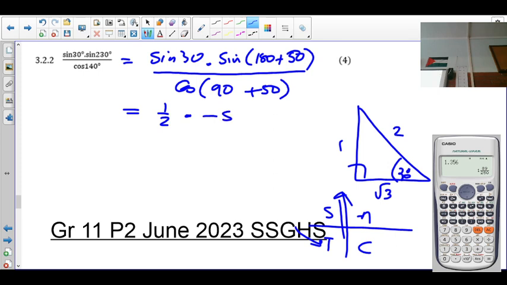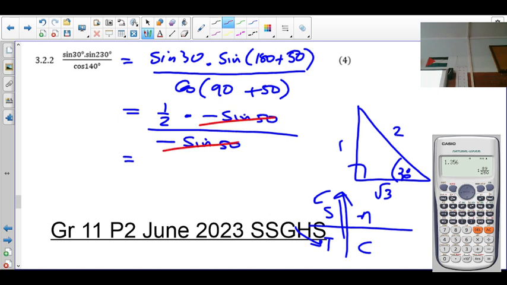Sine is negative, so it's negative sine 50 over cos of 90 plus 50. Cos in the second quadrant is negative, but changes to sine of 50. Alright, so what happens? Negative sine 50 cancels negative sine 50, and the answer is, of course, a half.